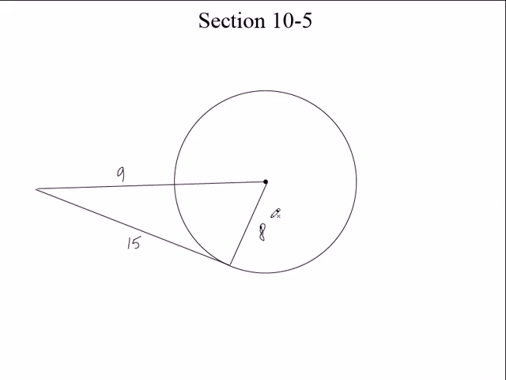Now the whole hypotenuse is not 9. They put it right here, so it's from here to right there. But guess what we know? We know the whole hypotenuse because we know the radius is 8. Do you see that? So the 9 is just from point to point.